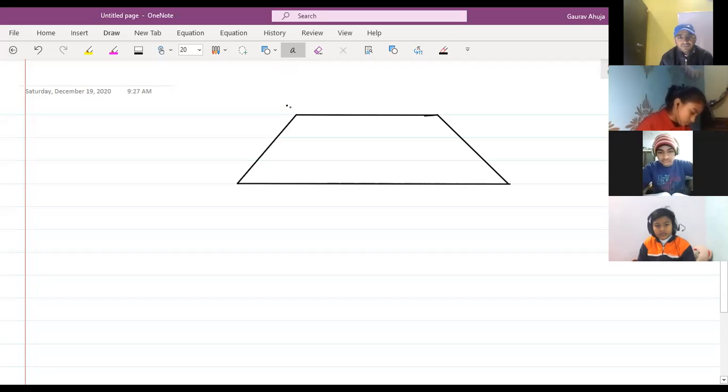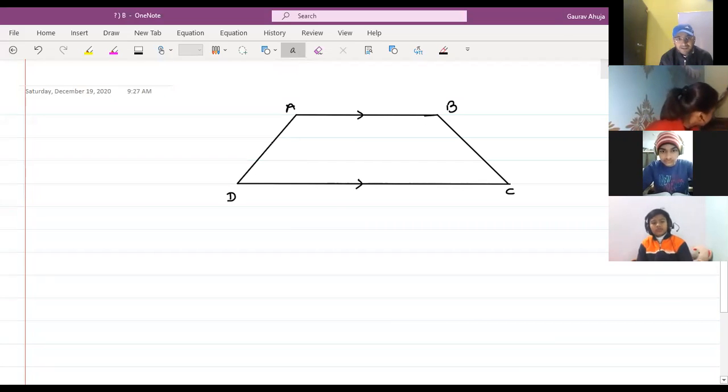Let's say the name of this trapezium is ABCD. If AB is parallel to CD, but AD is not parallel to BC, it means one pair of opposite sides is parallel.